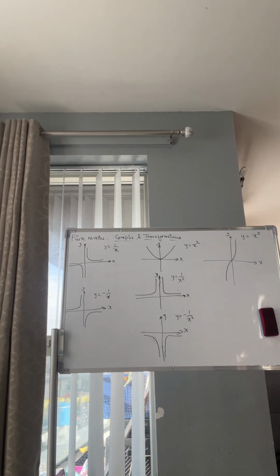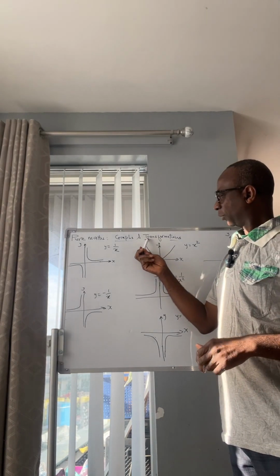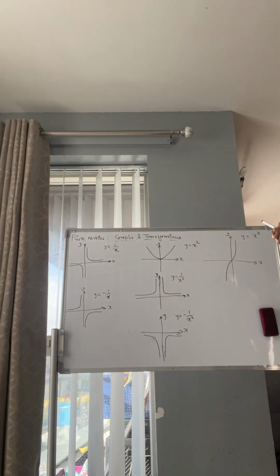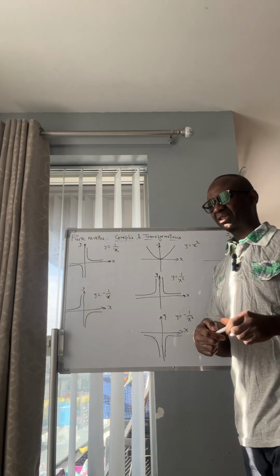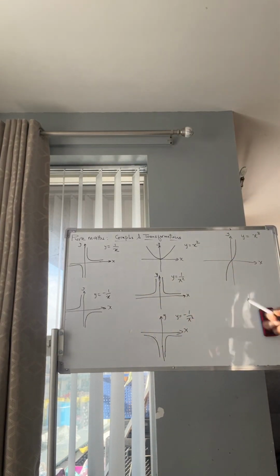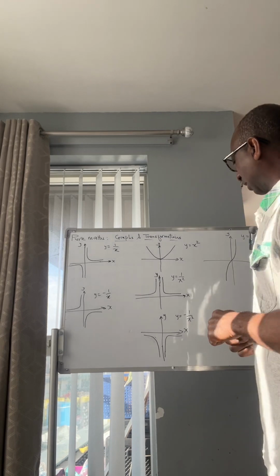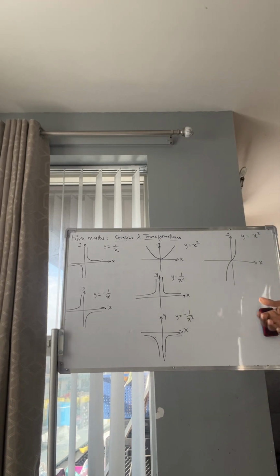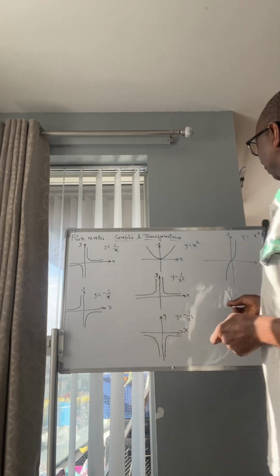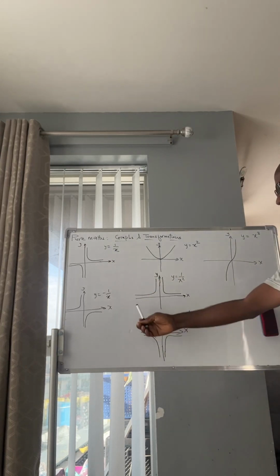We are now going to look at how we can transform these graphs, or how we can transform equations that represent these graphs. But before we do that, there are some graphs here I've drawn. This is for your attention.